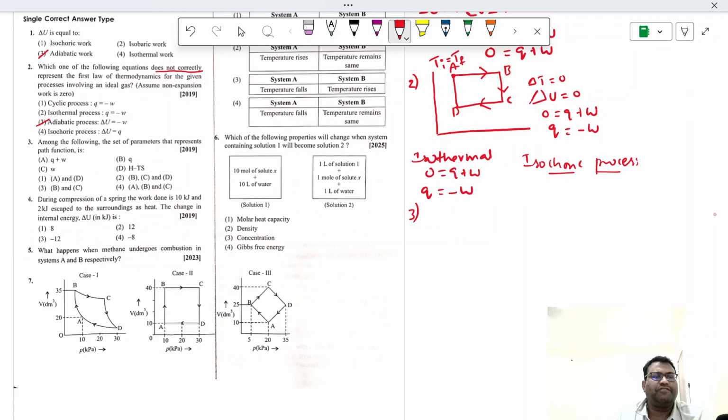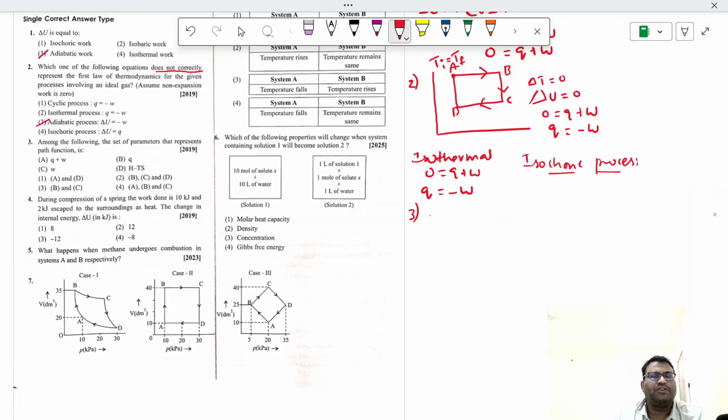What is meant by state function or state properties? The properties which depend upon the initial state and final state but do not depend upon the path. Whereas path functions depend only upon the path. Only two path functions we have studied, heat and work.